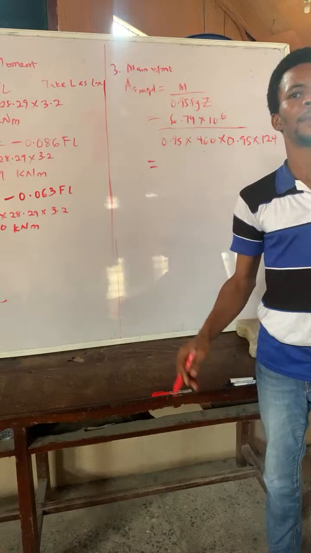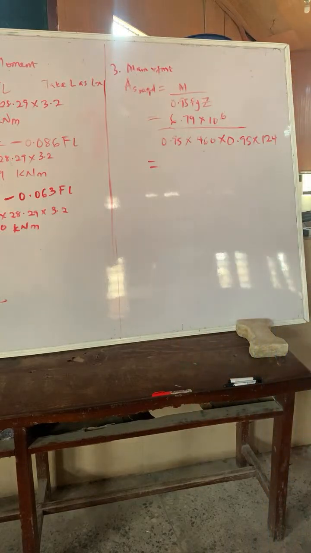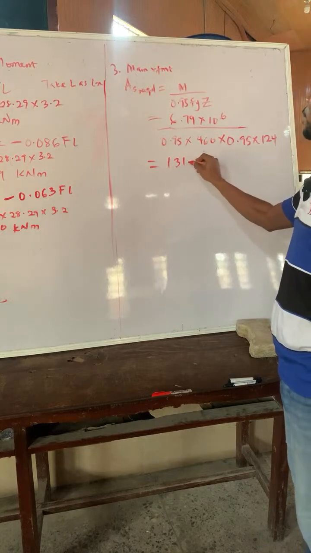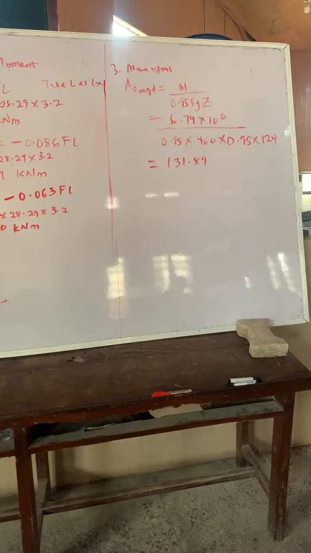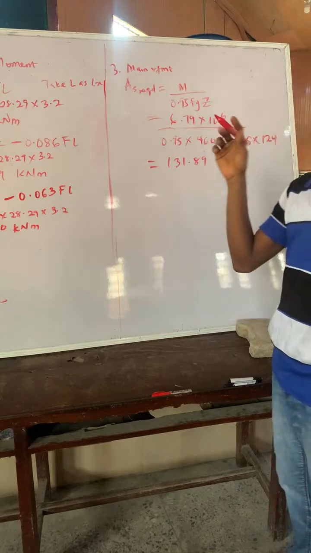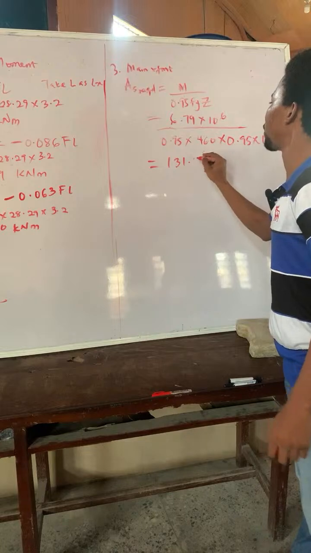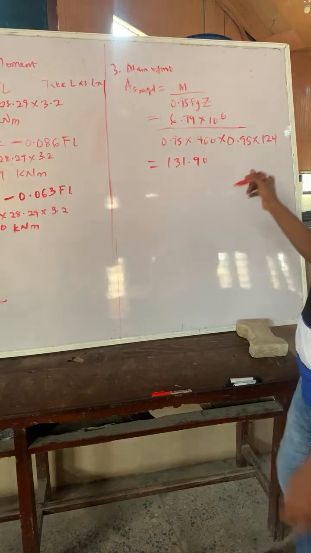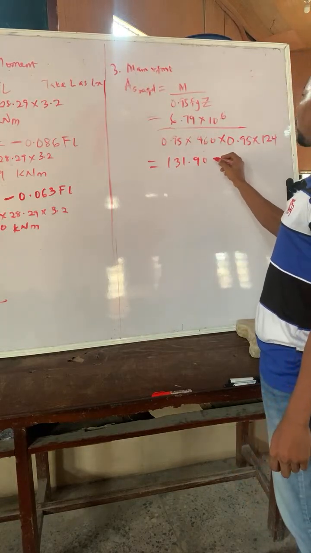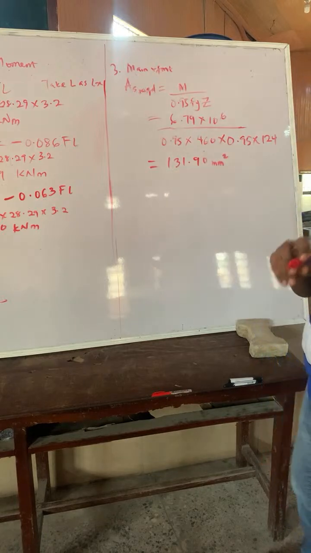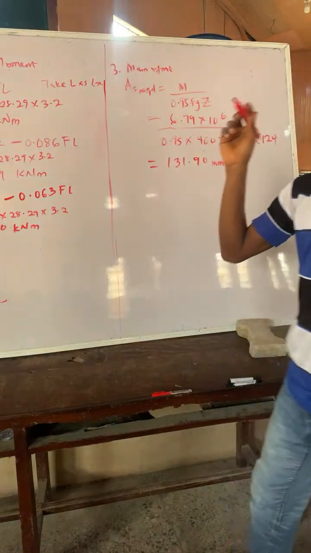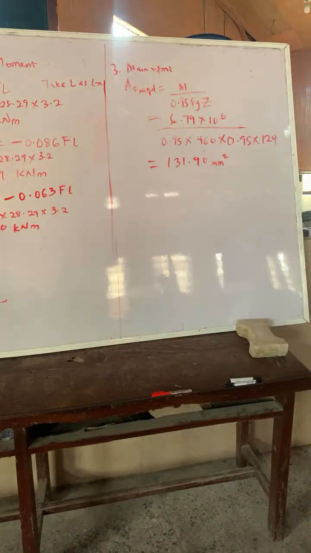No. Please, any other? 131.89, 90. Okay, 90 millimeter squared. So now I want to provide our provision.